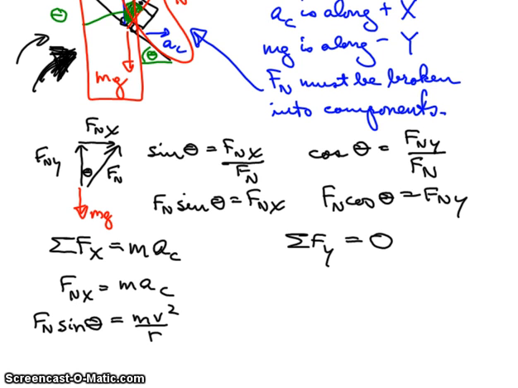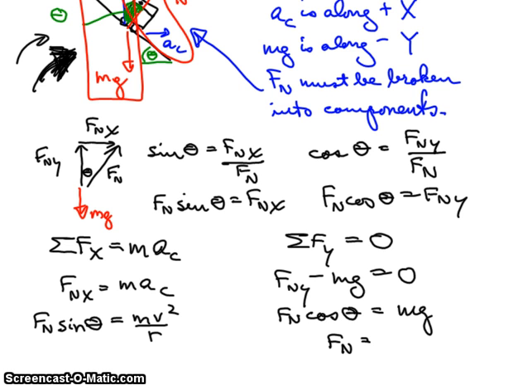So when we write that out, we have f sub ny pointed upward, mg pointed downward. They should add up to 0. We know that f sub ny from above is f sub n times the cosine of theta. That's going to equal mg. And so f sub n equals mg divided by the cosine of theta.